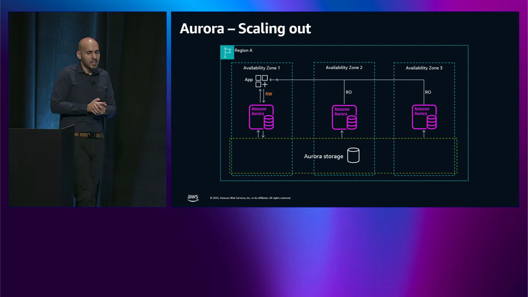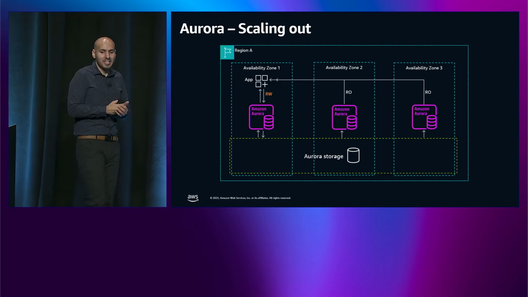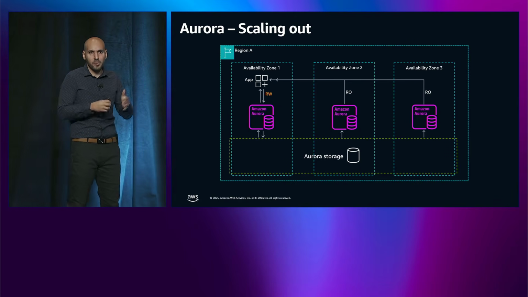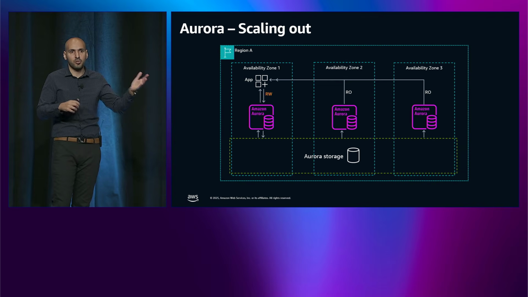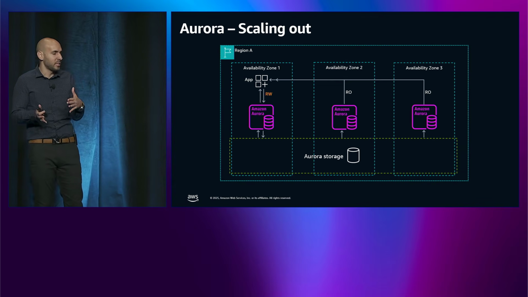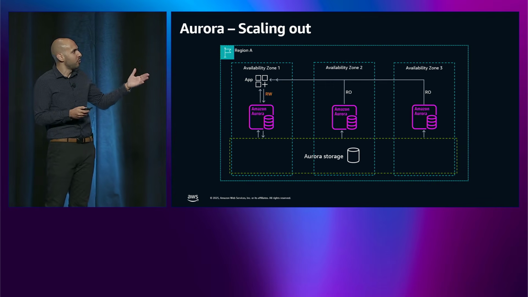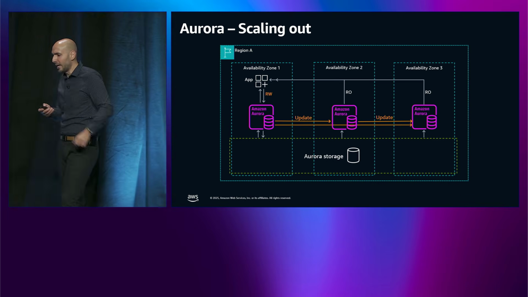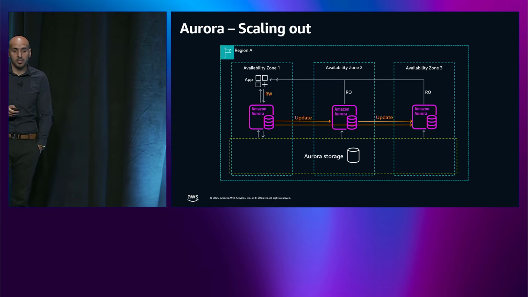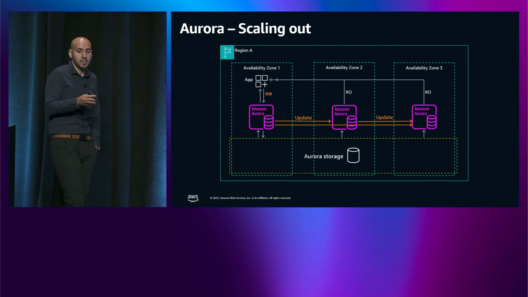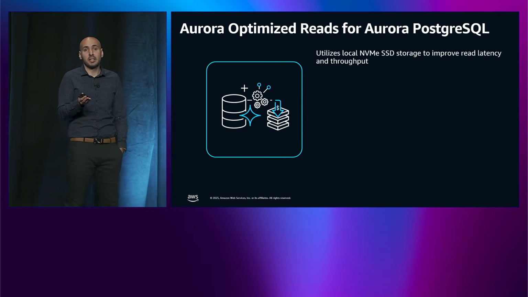So what is important to say here, all of that has nothing to do with durability. Durability is fully handled by the storage layer. So even if we add replicas or remove read replicas, everything about durability lies in the storage. There's still one writer node, and the writer updates the read replicas with up to 100 millisecond latency.